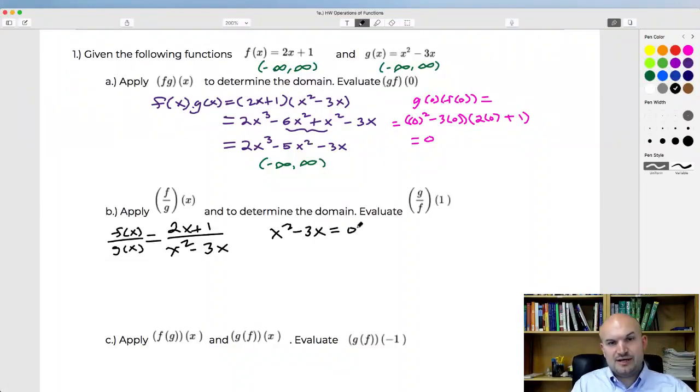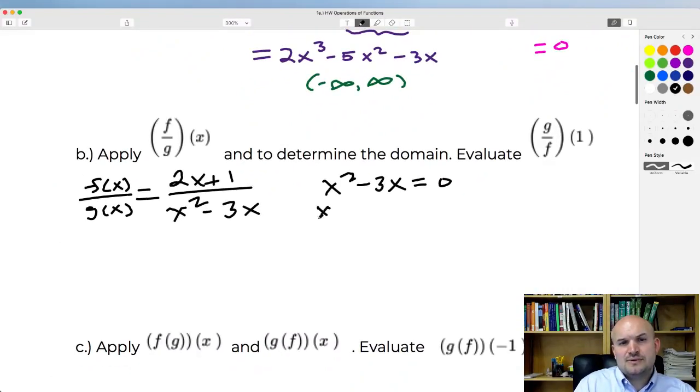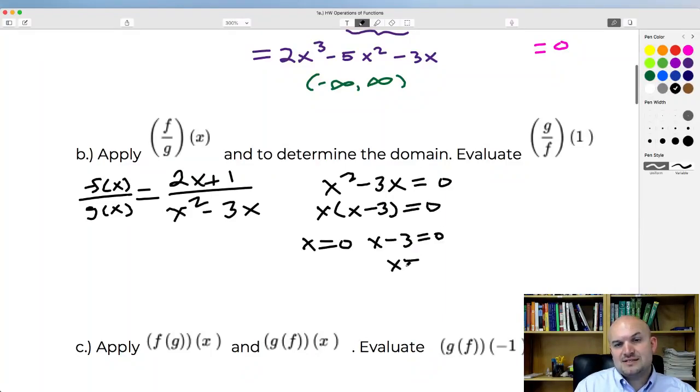In this case, we have basically a quadratic that we can factor by taking out an x. So we have x times x minus 3. Now we can use the zero product property. So x is equal to 0 and x minus 3 is equal to 0. Add 3 to both sides, so x equals 3. Hopefully you can see that when x is equal to 0 or when x is equal to 3, the denominator is going to be 0.